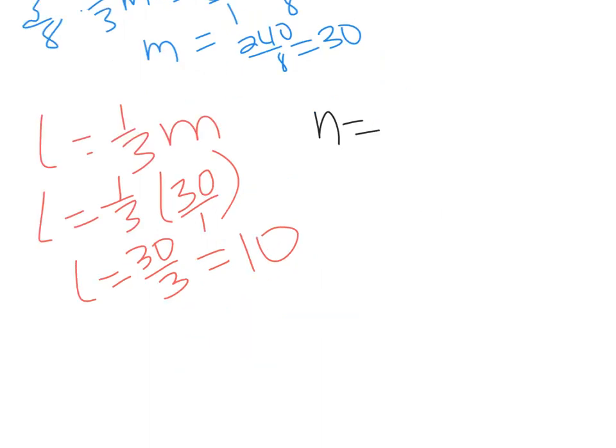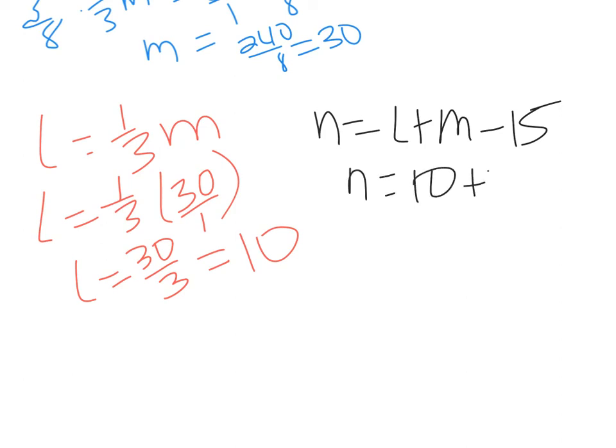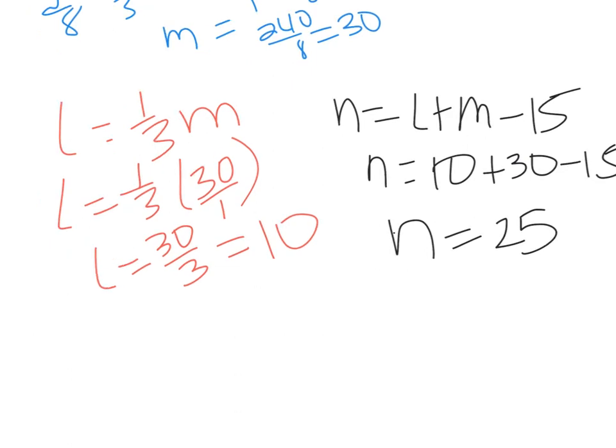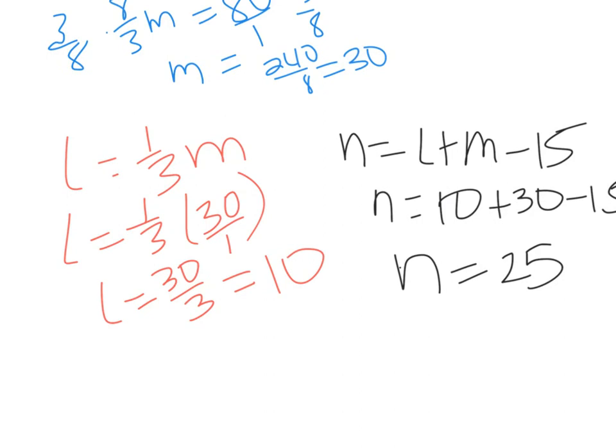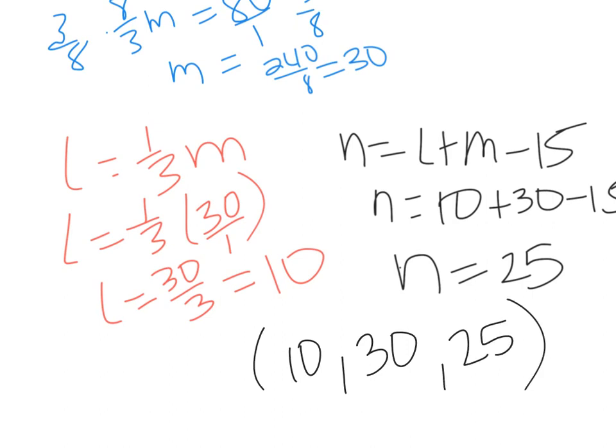N equals L plus M minus 15. So 10 plus 30 minus 15, and 40 minus 15 is 25. So we found the length of all three sides, L, M, and N. L is 10, M is 30, N is 25, and if you add all those up, you do get 65.